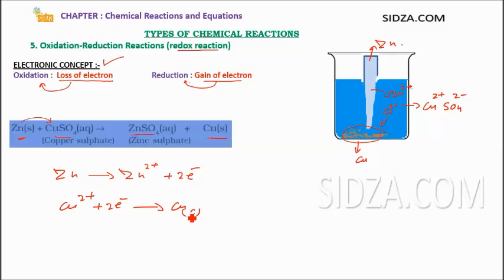So zinc loses electrons, which is oxidation, and copper gains electrons, which is reduction. Therefore this is a redox reaction in which zinc is being oxidized and copper is being reduced. Zinc undergoes oxidation and copper undergoes reduction.